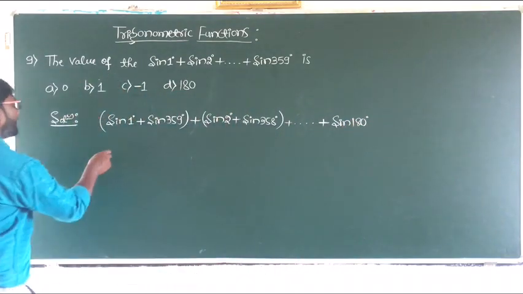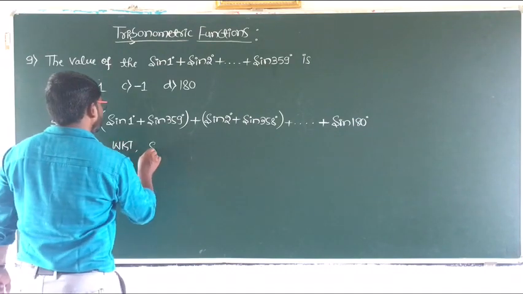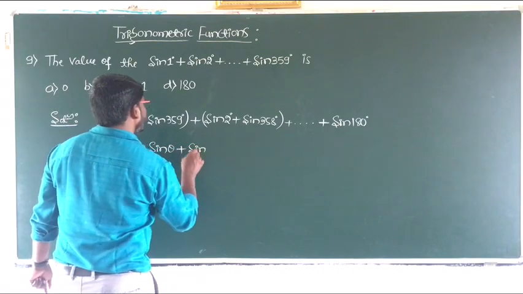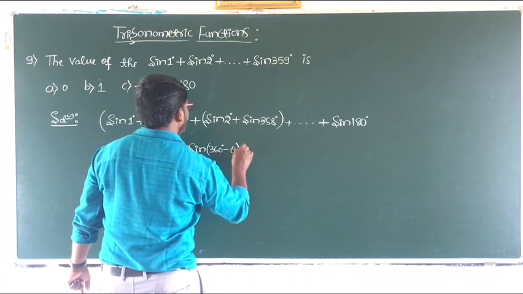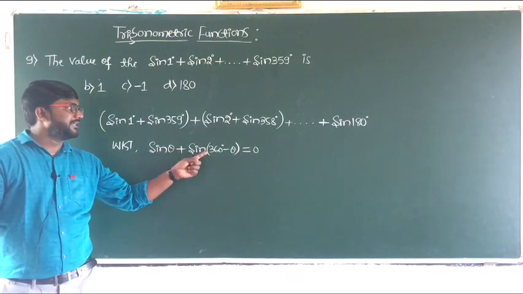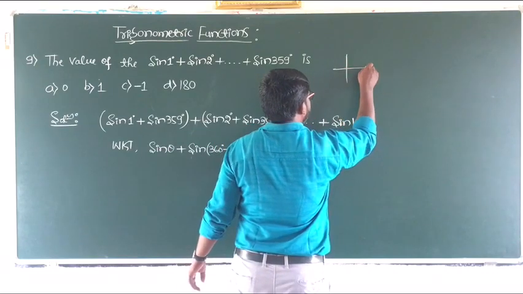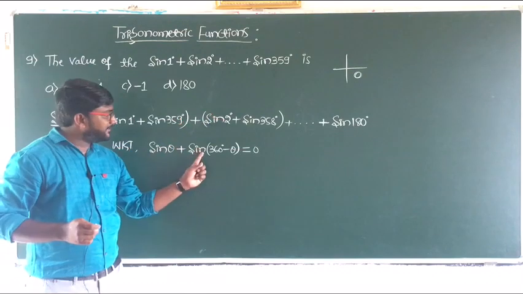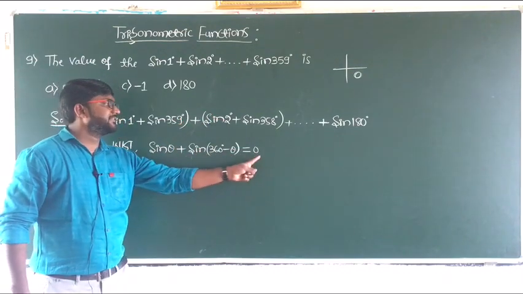Here we know that sine theta plus sine of 360 minus theta is always 0. Sine 360 minus theta will be in the fourth quadrant. In the fourth quadrant sine is negative, so sine 360 minus theta will be minus sine theta. Sine theta minus sine theta cancel, we get 0.